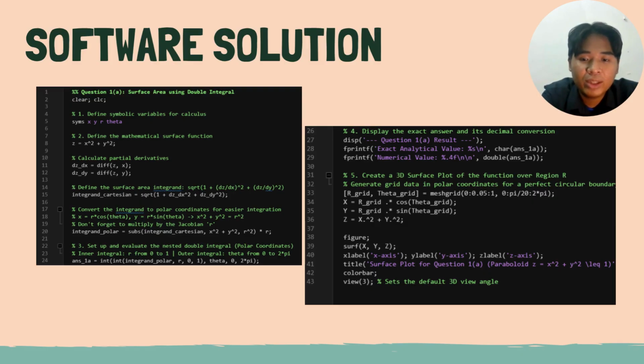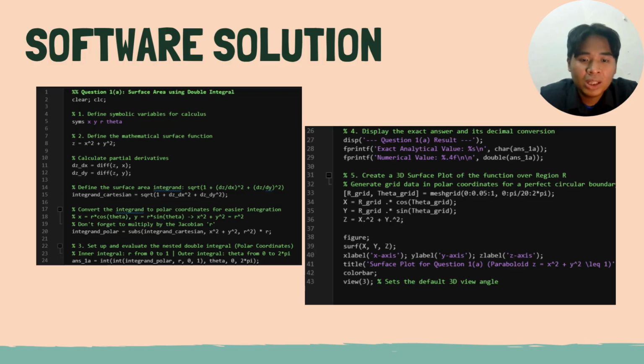So in line 15, this line creates the surface area integrand. The formula is the square root of 1 plus dz over dx squared plus dz over dy squared. So MATLAB substitutes the derivatives automatically. The expression becomes 1 plus 4x squared plus 4y squared. In line 19, the subs function means substitute. Since we want to integrate over a circle, polar coordinates are easier.